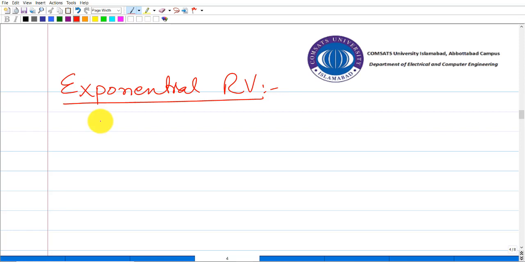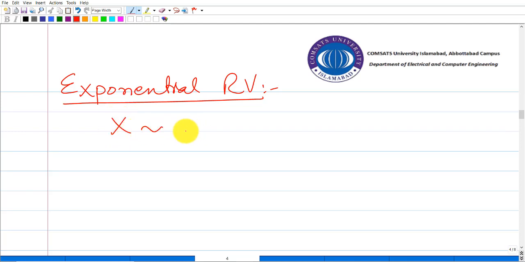If we recall the geometric random variable, we do Bernoulli trials until we get our first desired success, or the first desired result. The same concept is applied here, but now for the continuous random variable.